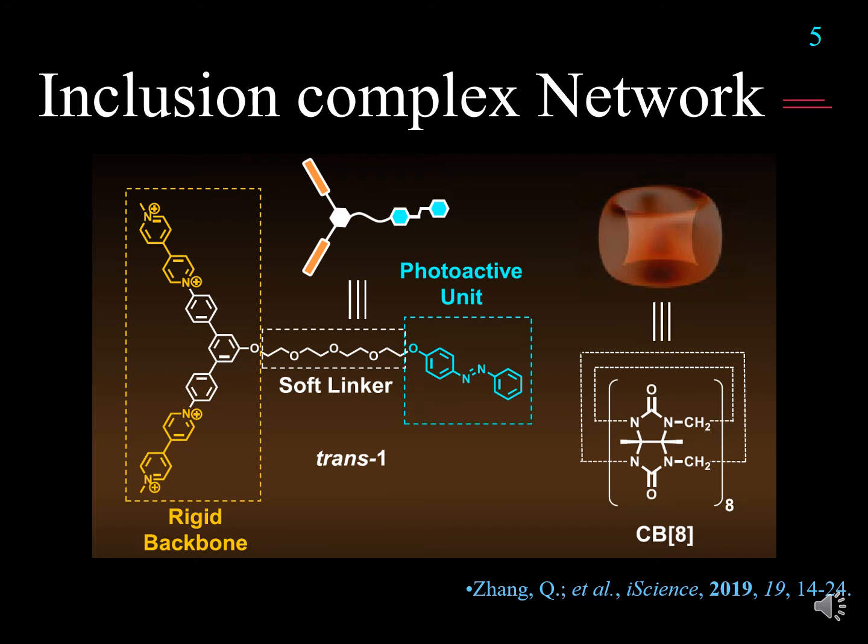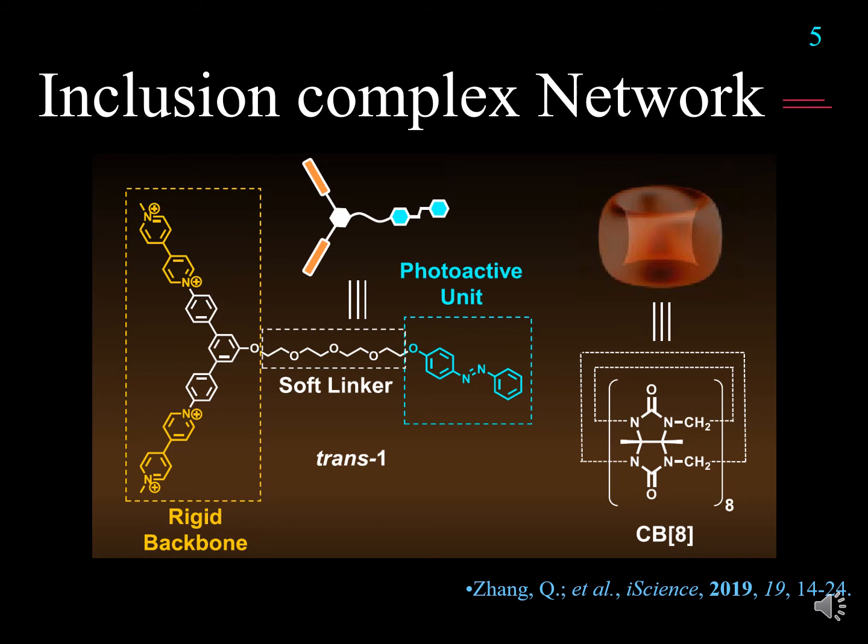This is azobenzene. Azobenzene has two geometrical isomers. This is the trans isomer. They can switch to the cis isomer using one particular wavelength and then switch back to the trans isomer with another wavelength. These are the properties of the components in the system.